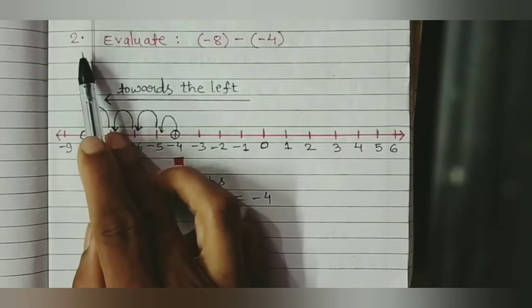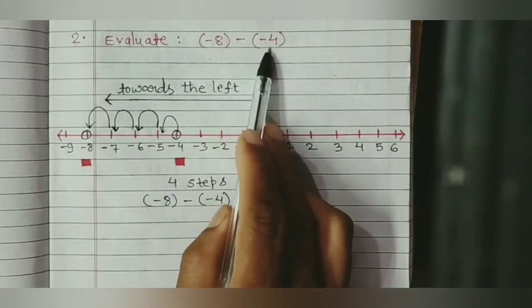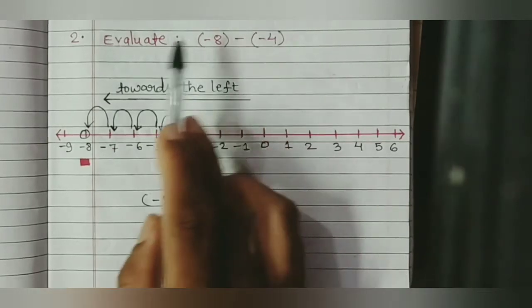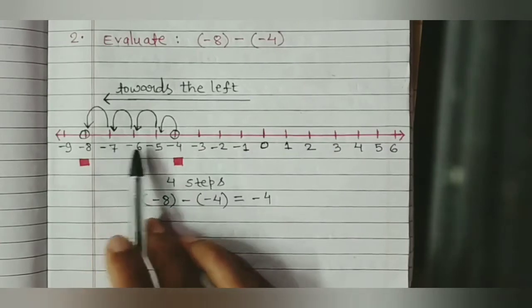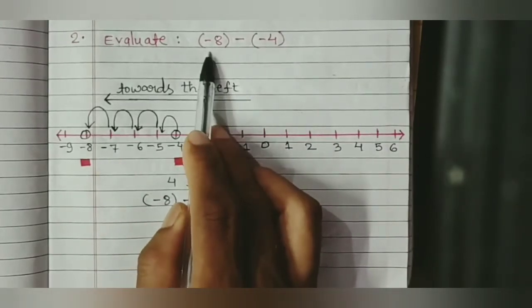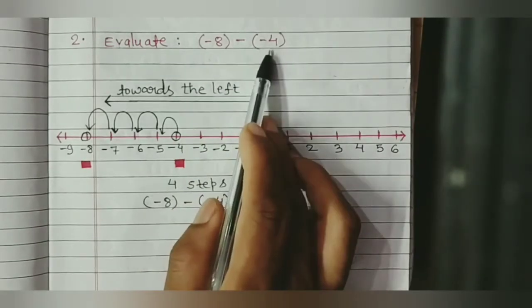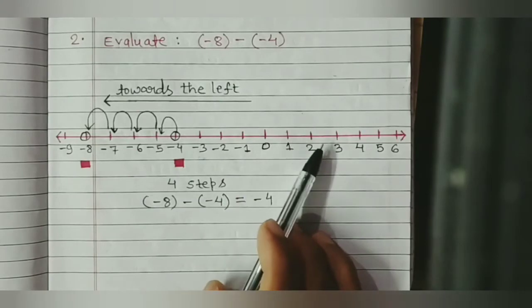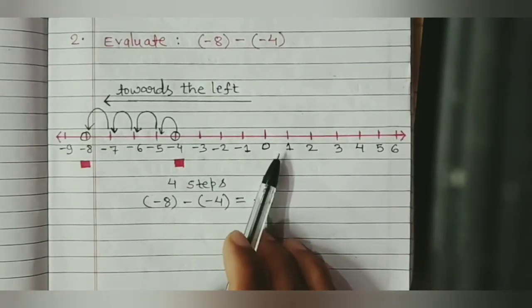Now the next question is evaluate minus 8 minus minus 4. In this question we have to subtract these two integers using a number line. Okay? The first integer is minus 8 and the second integer is minus 4. Again I have made a number line and written some integers on it.